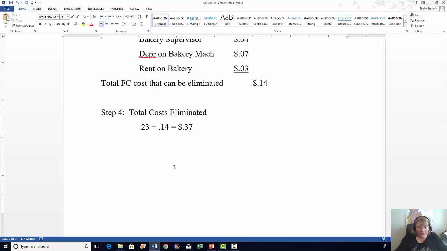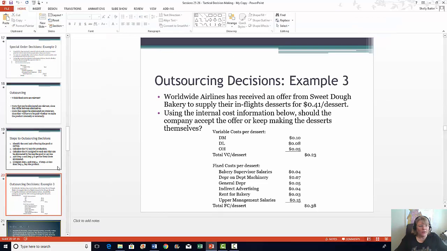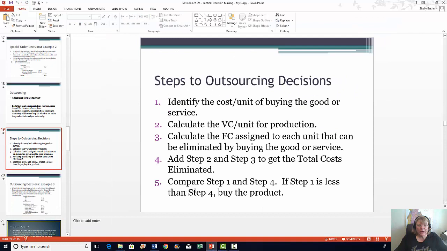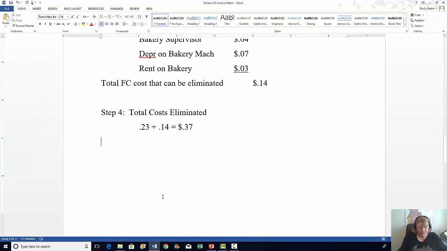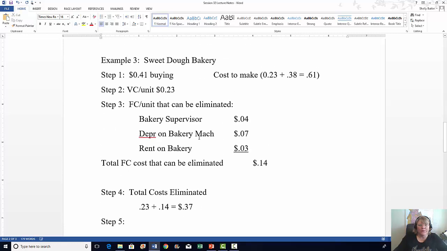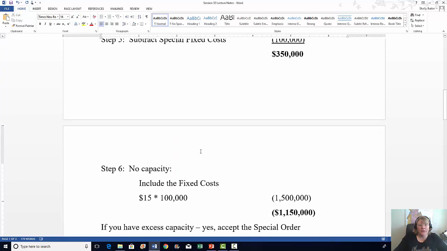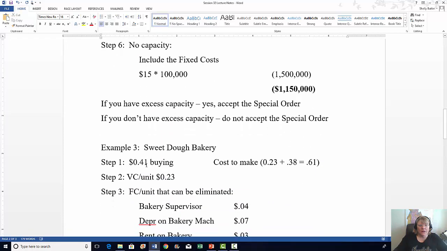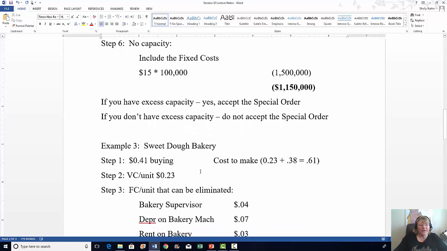So, step 5, let's go back to the PowerPoint. Step 5 is to compare step 1 and step 4. If step 4 is less than step 1, buy the product. Step 4 is 37 cents. Step 1 is 41 cents.